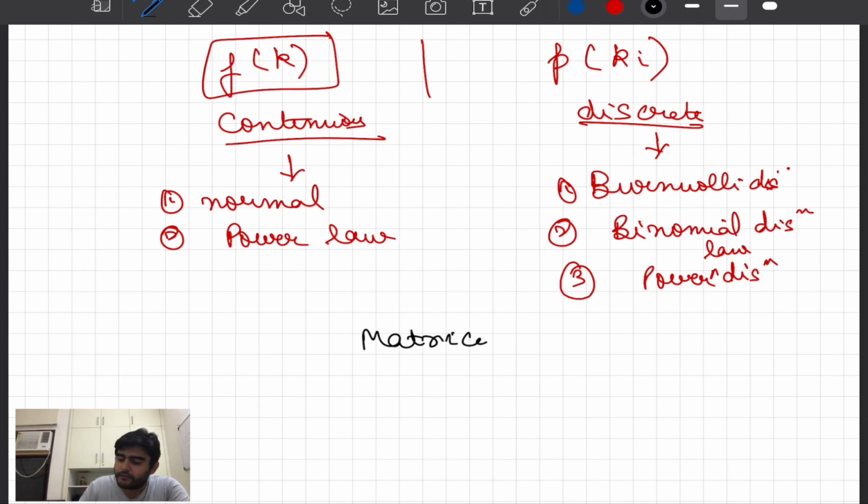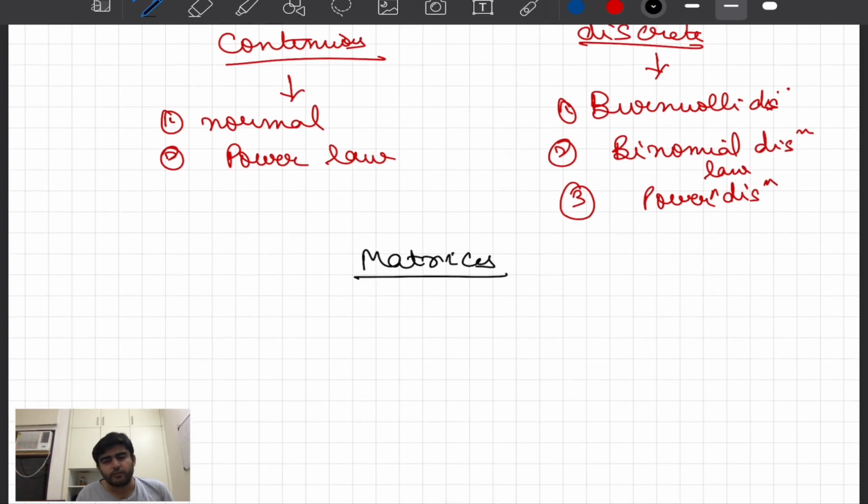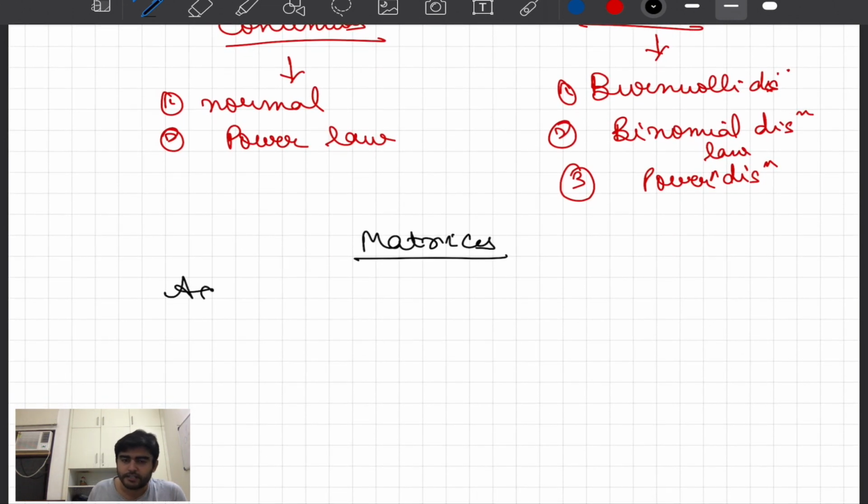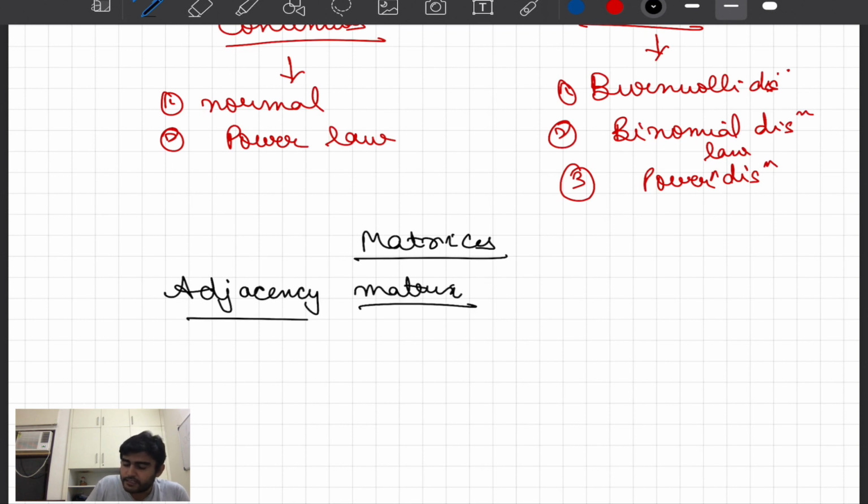Finally, we would be dealing with some matrices. As I mentioned in the prerequisites, you should have some basic understanding of matrix algebra, because we would be dealing with something called the adjacency matrix, and this adjacency matrix would make our life easier when we work on the computer as well as try to get some expressions for basic statistics of networks.